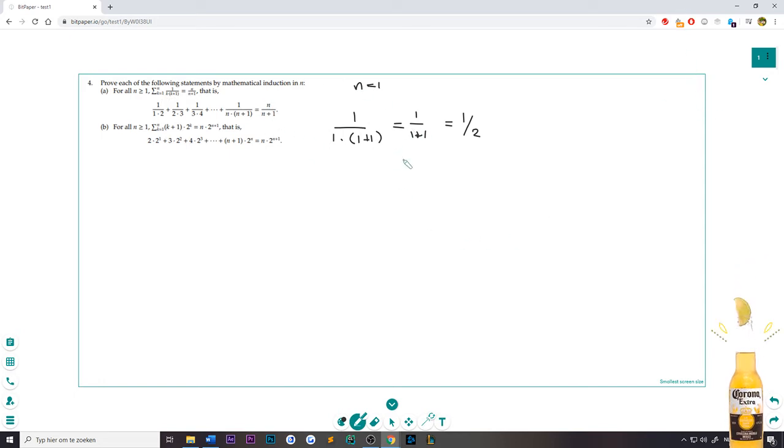Now, since we've proven the base case, what we do now is we assume some m, some arbitrary m bigger than or equal to 1, because that's the constraint that we have set here, right? And what we're going to say is that, well, if m holds for this here, then it must also hold for m plus 1, which is what we want to prove here, right?